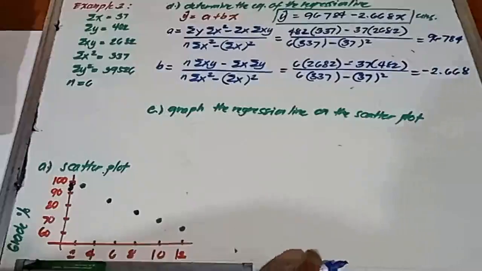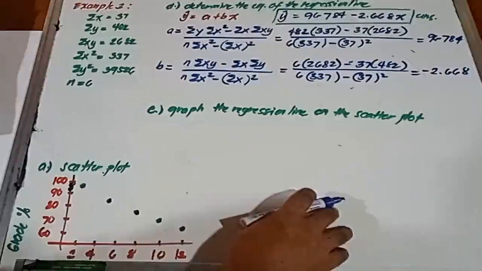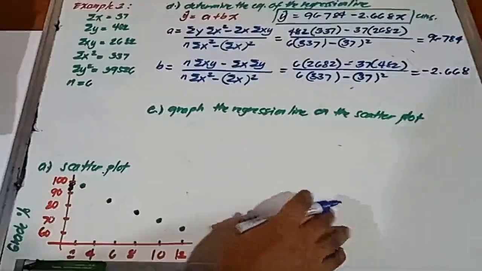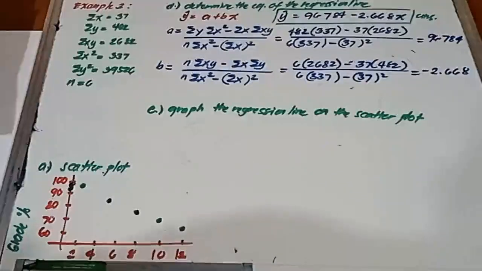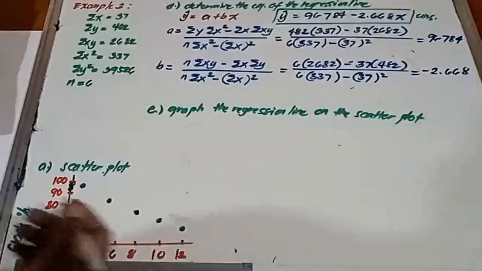So, instead of assigning value of x para makuha natin yung isa pang point na dadaanan ng ating regression line, mag-predict na lang tayo ng final grade of the student if given yung ating number of absences.